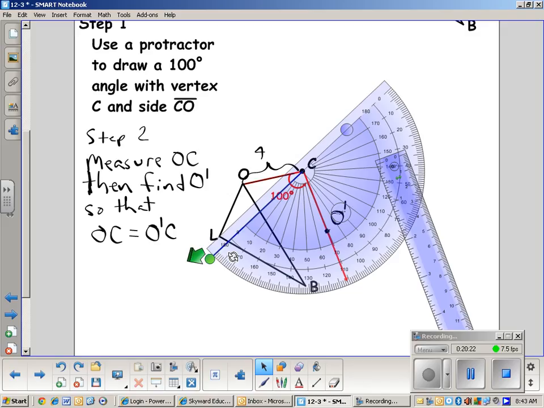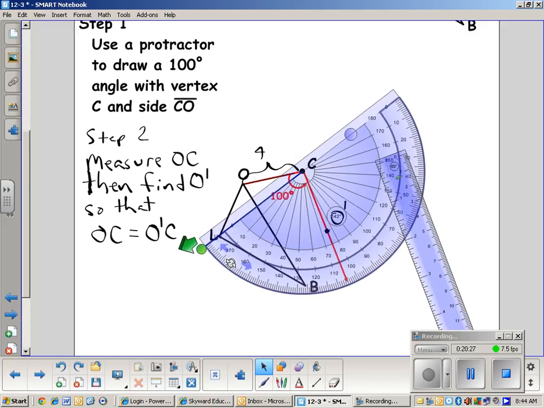And we're going to put the base on, I actually put the base, not the zero line. Put the zero mark on L. And so what I'm doing is I'm connecting this line, I did again, from C to L.